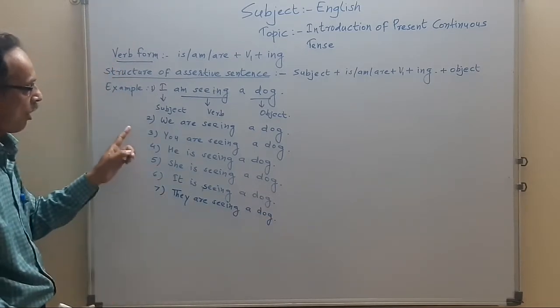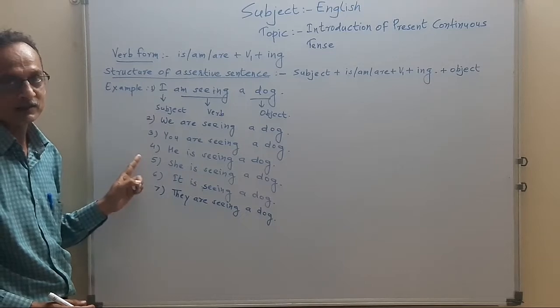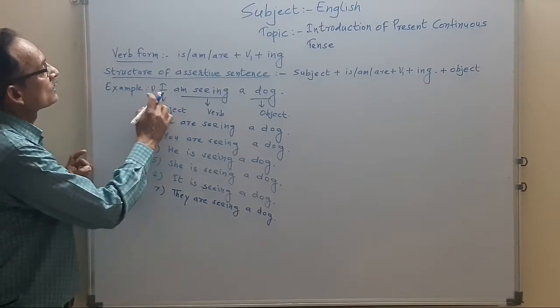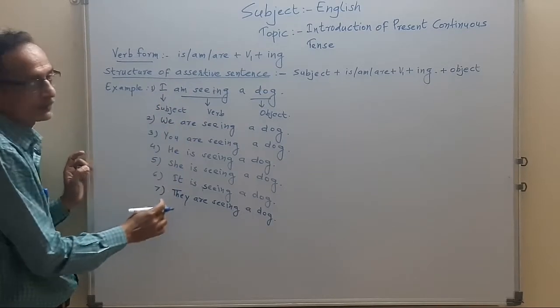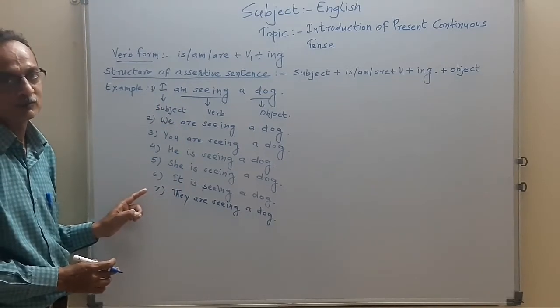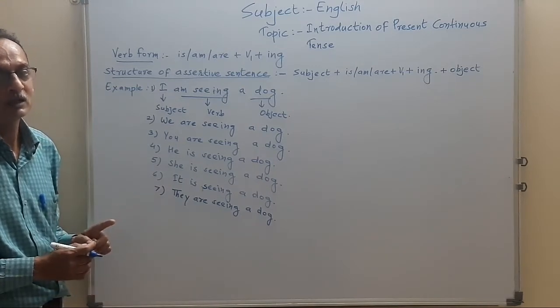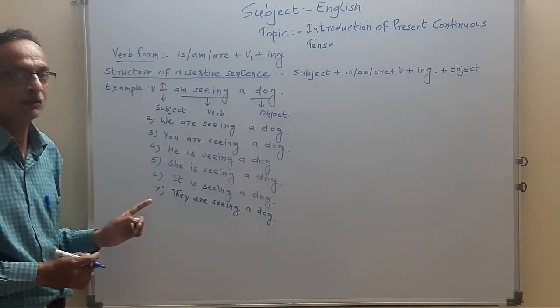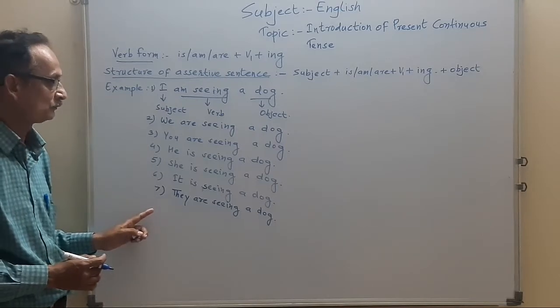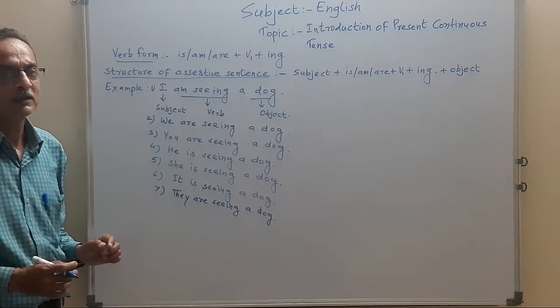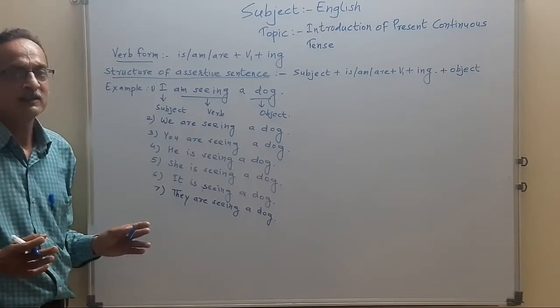In all sentences, you see as a subject we use different pronouns: first person pronoun, singular and plural, second person pronoun, third person pronoun in singular and plural form. In that way, we can make many sentences.